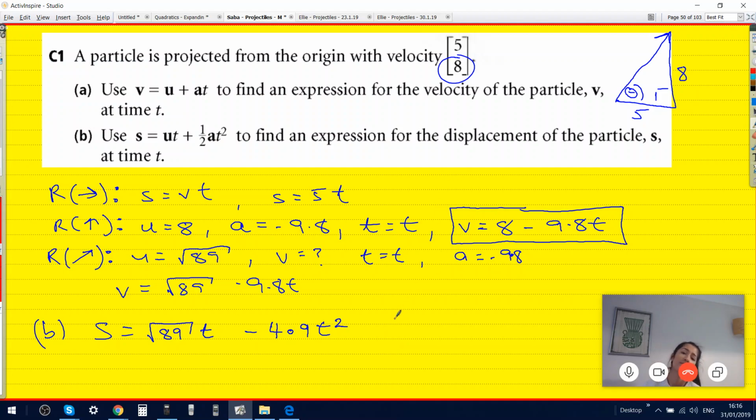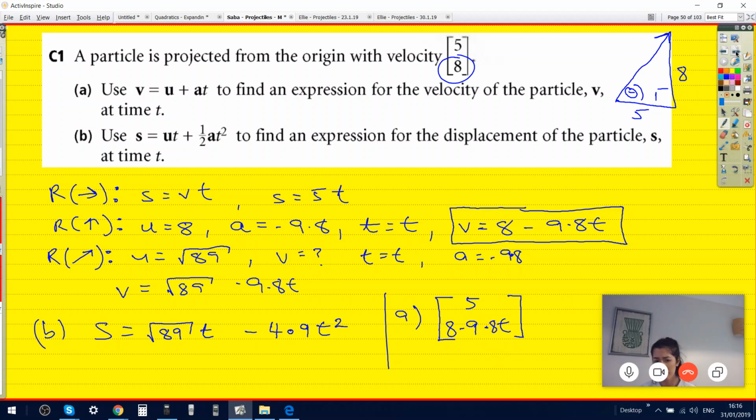So the final answer for the previous one, the way they phrased it: the horizontal component is 5, and because that's not affected by acceleration, the vertical component is 8 minus 9.8t, because that is affected by gravity.